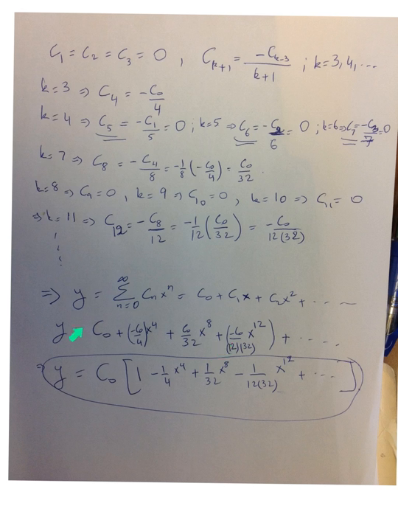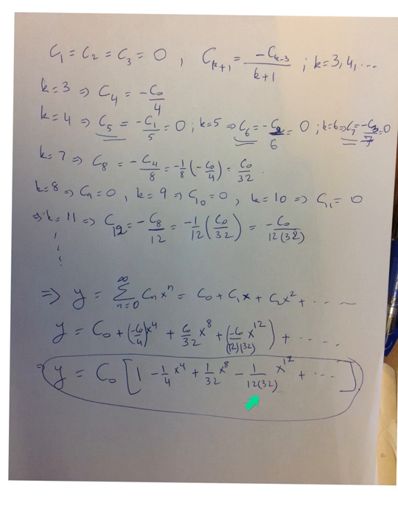So you notice I have a first order differential equation, meaning I have one constant as a factor of y1. This is my y1 as a power series. So c0 times, don't forget this term here, 1 minus 1 over 4 x to the power 4 plus 1 over 32 x to the power of 8 minus 1 over 12 times 32 x to the 12 plus and so on.